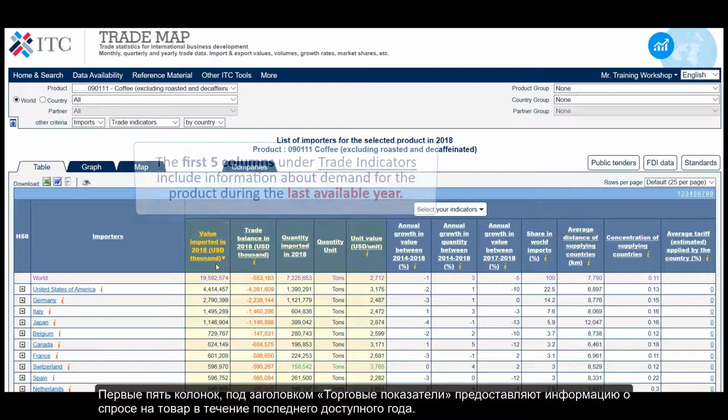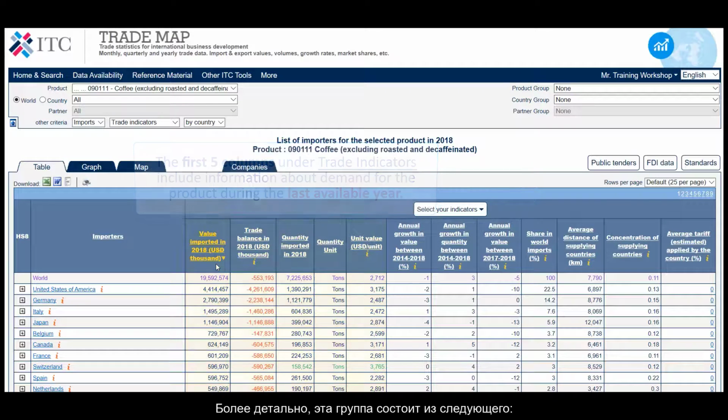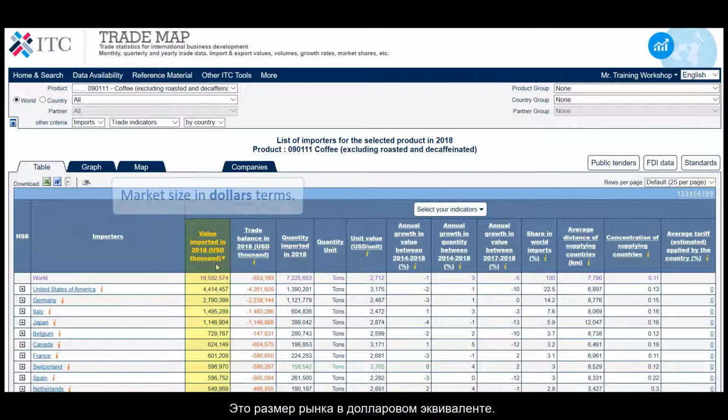The first 5 columns under Trade Indicators include information about demand for the product during the last available year. This group is made up of the following. First, the imported value during the last year in thousands of US dollars. This is the market size in dollar terms.